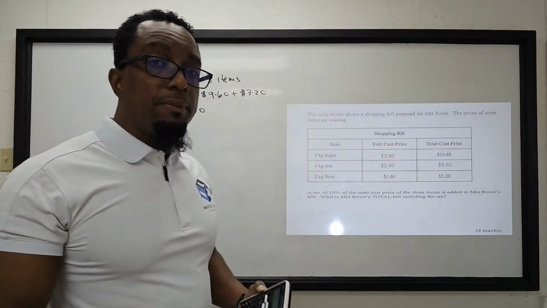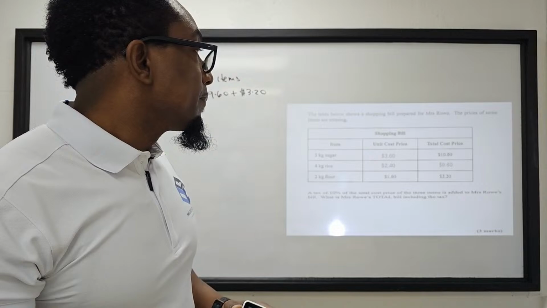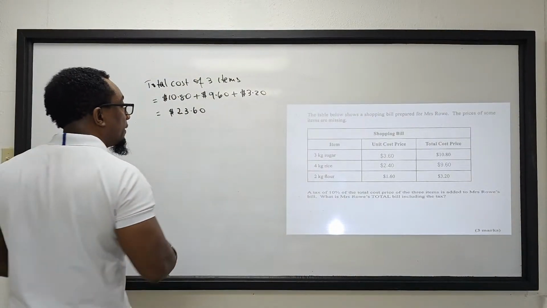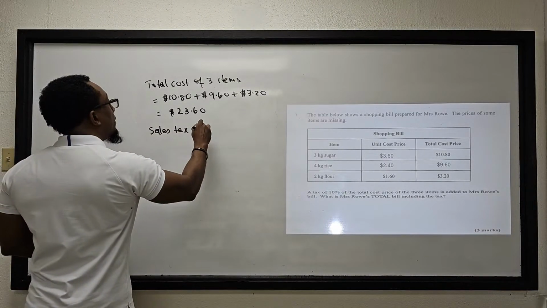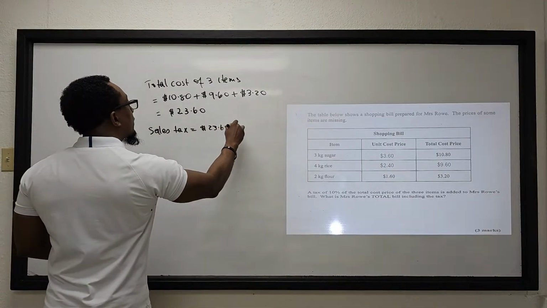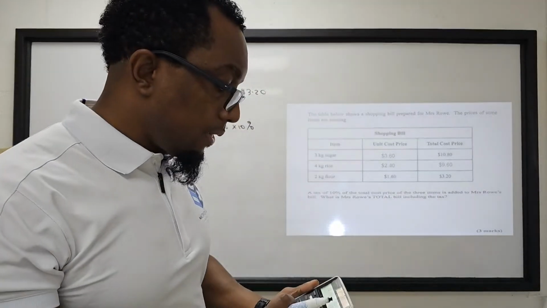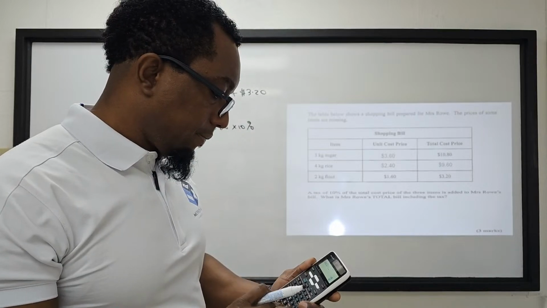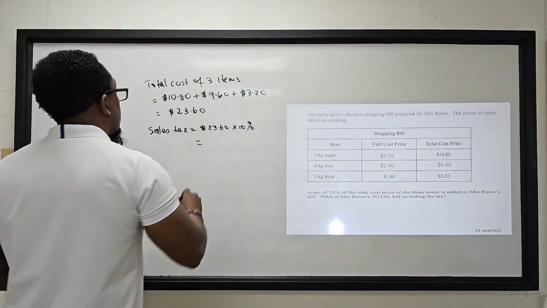That's the total cost of the 3 items, but a sales tax of 10% was added on to the total cost. So let's determine the sales tax. It will be 10% of that total cost. So find 10% of that, and we're going to get $2.36.